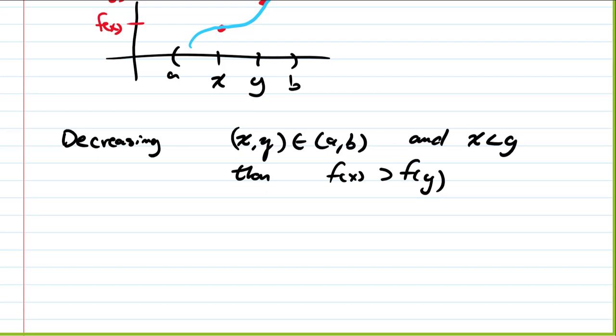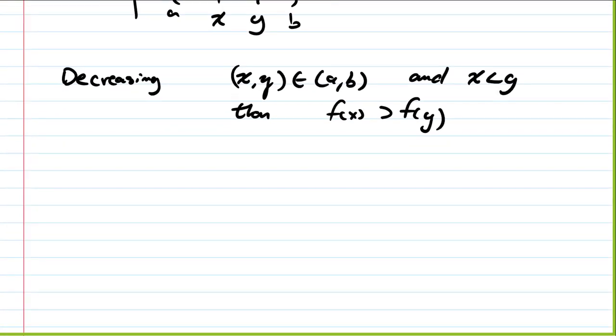So that would mean as we move from left to right, our function is going down. All right, so this would also indicate that it's moving down as we move from left to right.